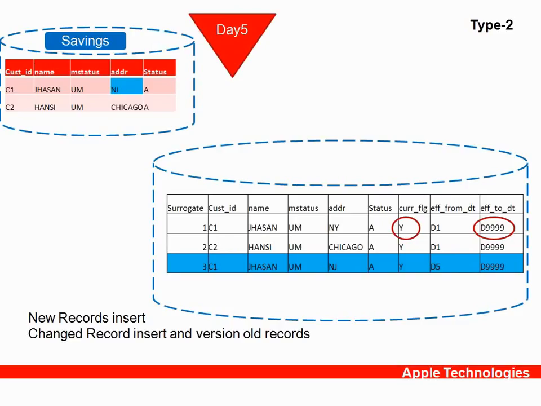But now if I keep this, one advantage is that I need a primary key in this table. Previously I didn't have a column to define a primary key, and customer ID I was not in a position to use as a primary key. That's why we are introducing a new column called surrogate key. I'm keeping 1, 2, 3. So now I will create a primary key on this column.